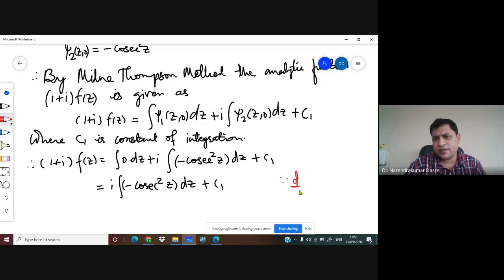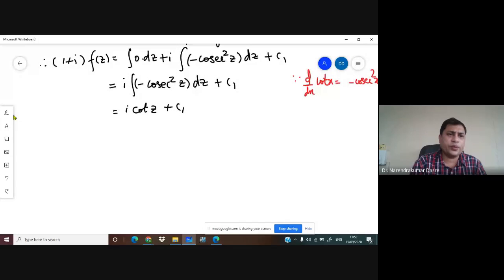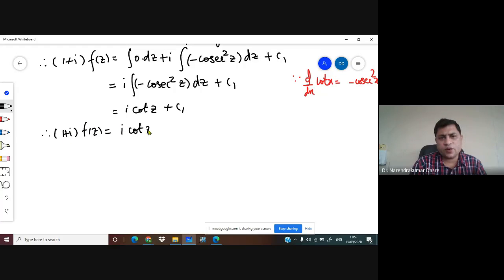Since d by dx of cot x is equal to minus cosec square x, the integration of minus cosec square will be cot x, and hence you will have i into cot of z plus C1. So we got 1 plus i into f of z is equal to i cot z plus C1. We got the analytic function which was expected in equation 3, but we are interested in equation 1.